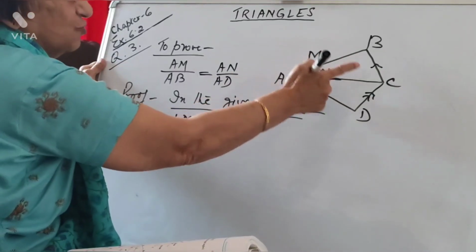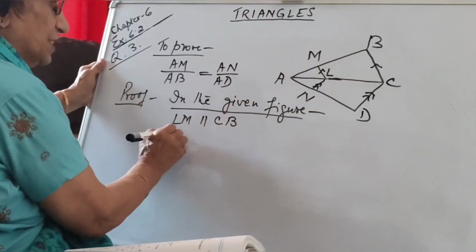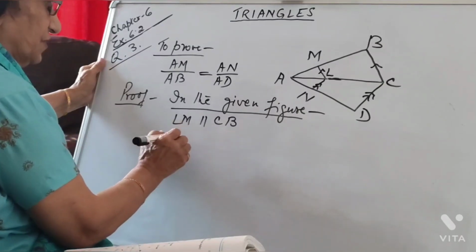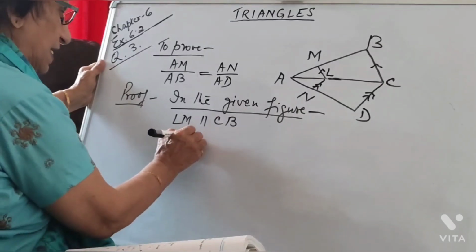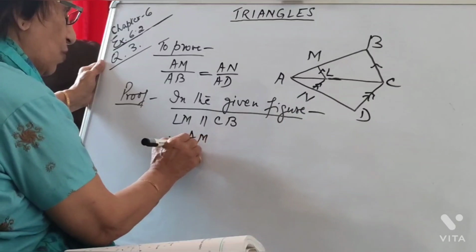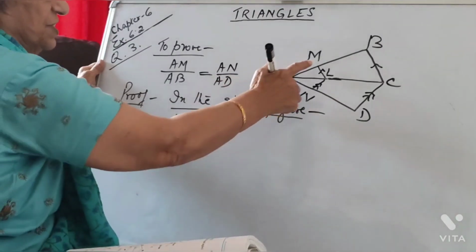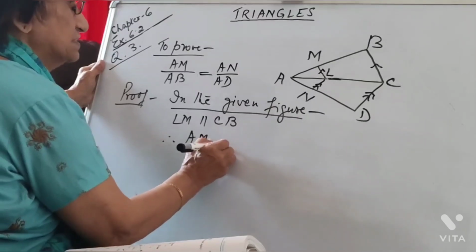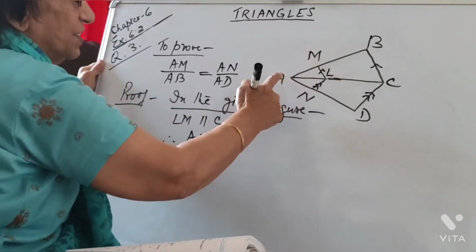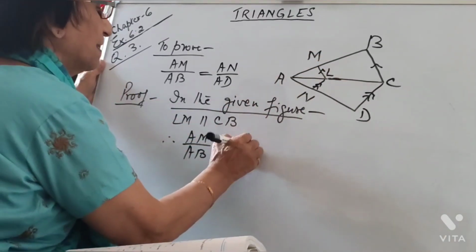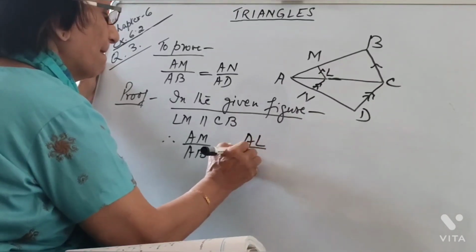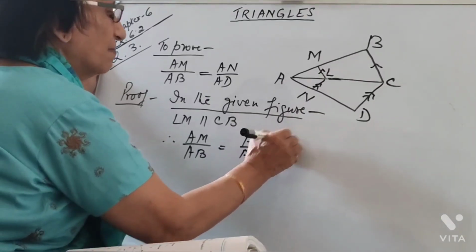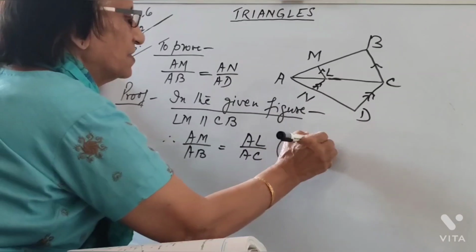Therefore, AM over AB is equal to AL over AC, by Thales theorem.